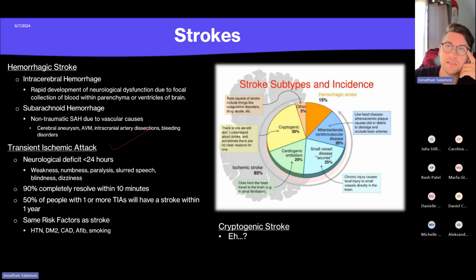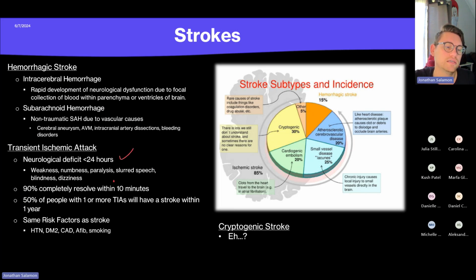TIAs, this happens. If you talk to anybody who works in an ER, they'll tell you that these are wildly underdiagnosed, stupidly underdiagnosed. But because they last for less than half an hour and present with basically any type of head or brain deficit, which also overlaps with things like panic attacks, sleep deprivation, benign positional vertigo, right?